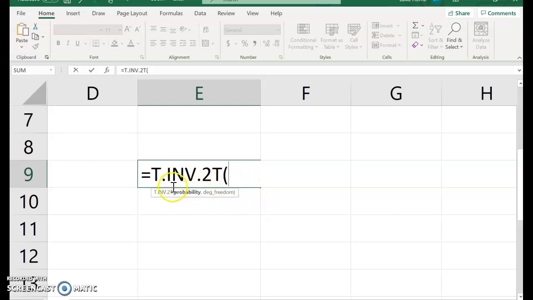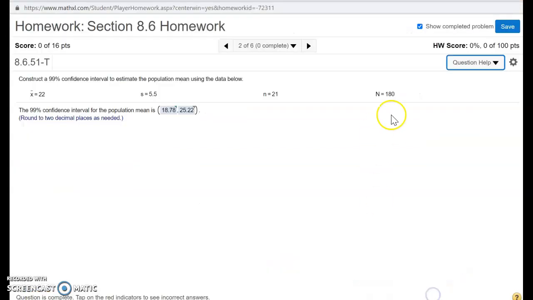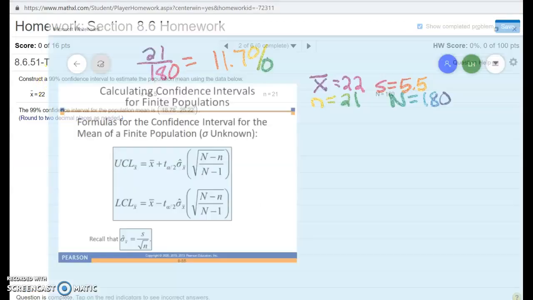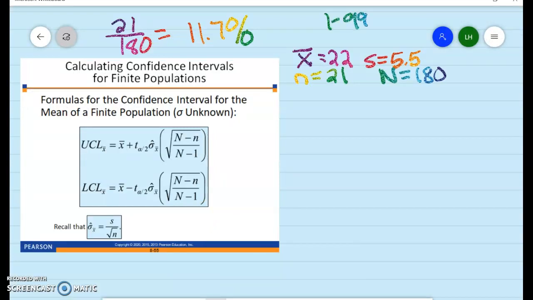Well, actually, no, it's not. It says probability. But we want the probability of it not happening. So that would be alpha. So 1%, 1 minus 99 would be the 1%, and then we would change that to 0.01.